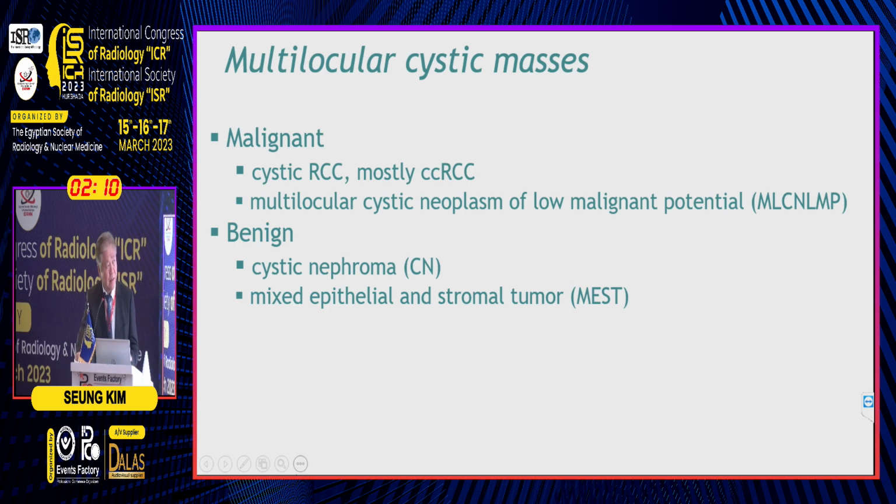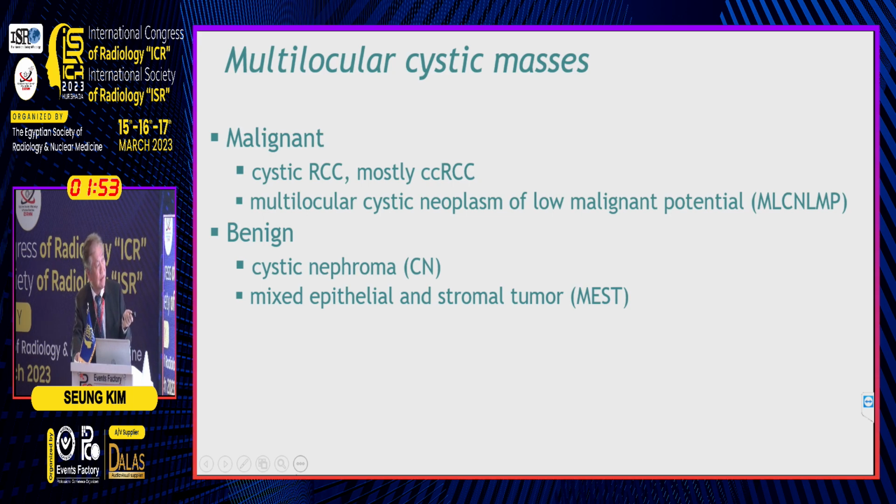mind. The most important disease in the malignant category is cystic renal cell carcinoma, mostly clear cell type. That is the most common scenario of this multilocular cystic renal mass.